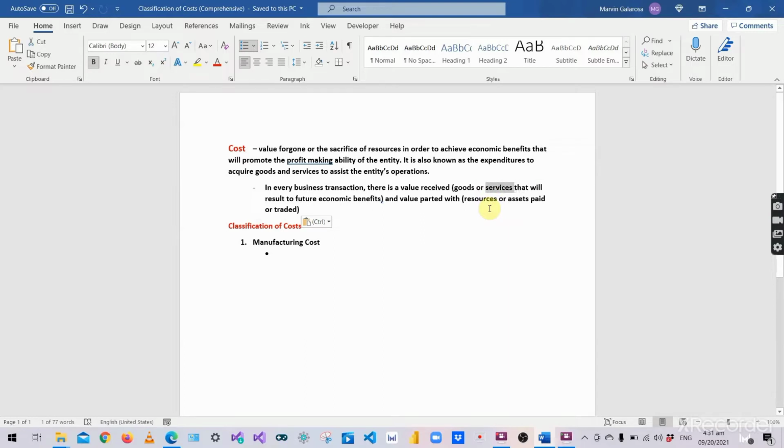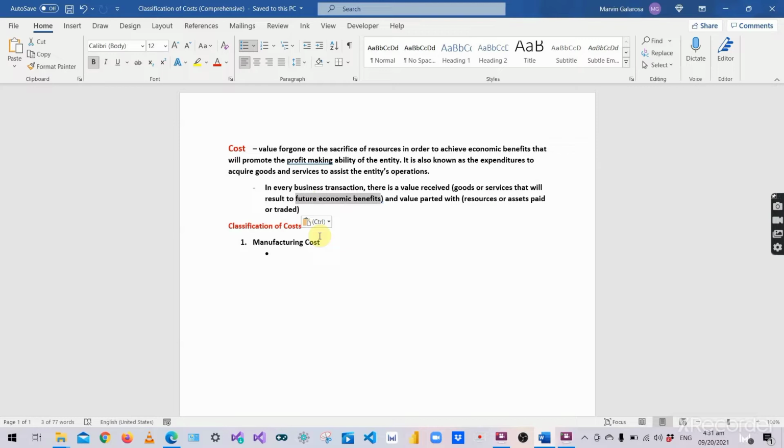Yung services nga nila is to promote or sell the products of the company. And that promotion and selling of products is what we call the economic benefits. So once na makabenta ka ng product, at the same time, the company will earn some revenue.